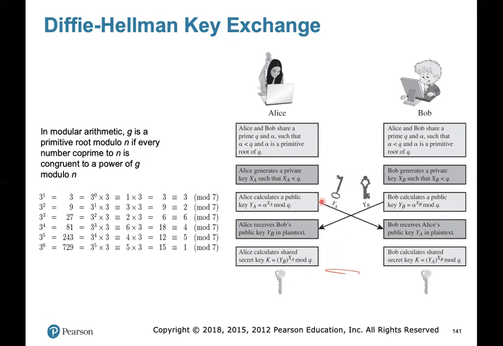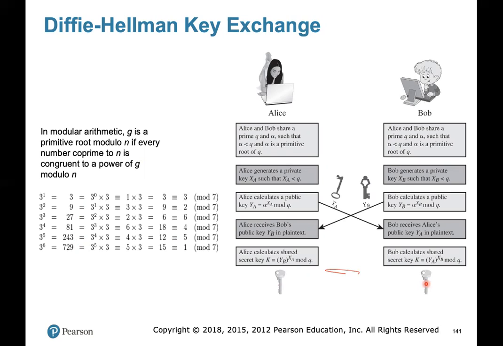They use some keys called YA and YB, keys of Alice and Bob. And at the end of the process, they reach the same key, which is the key that we wanted to share. This is the key that Alice and Bob will be using hereafter for that symmetric encryption.